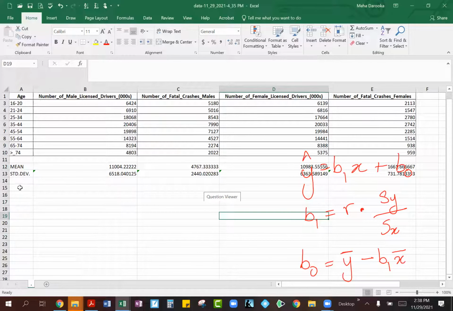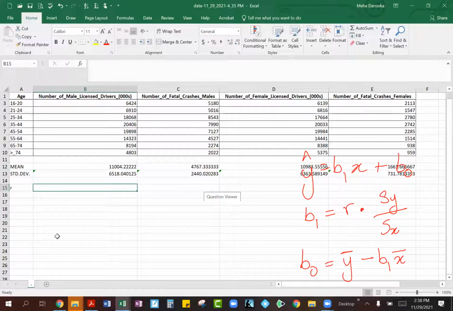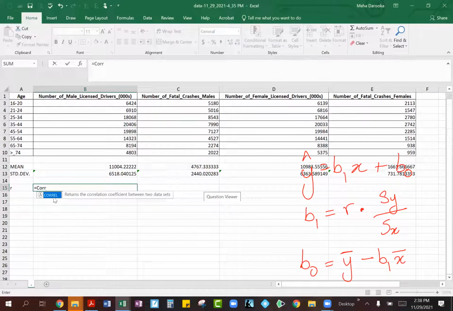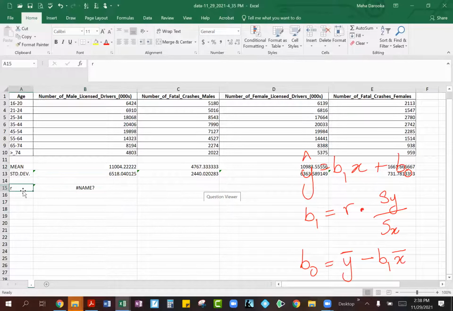Now this is where we need to calculate our correlation coefficient. So remember the built-in function is CORREL. Now this one, we will have to do for each of the males and the females. So you know what?